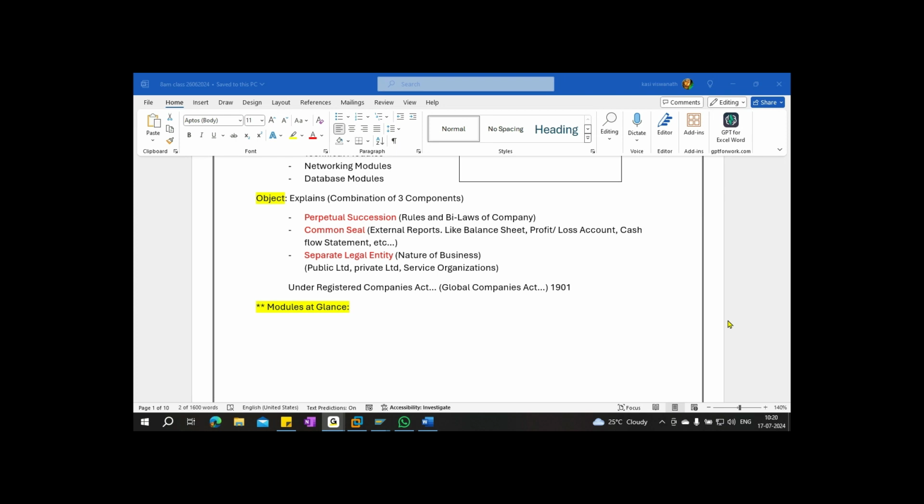Can anyone say all SAP clients are public limited, or private limited, or service organizations? We never say only public, only private or only service. I mentioned here nature of business, under public limited or private limited or service organizations.